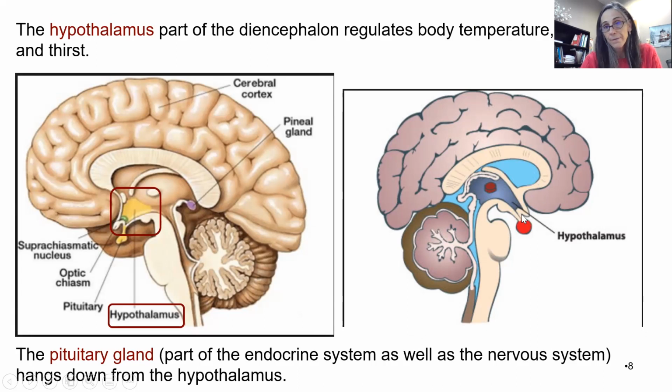Here you have a different picture, but you can see quite clearly this is your hypothalamus, your pituitary gland, and this would be your pineal gland, and the diencephalon would be right here.